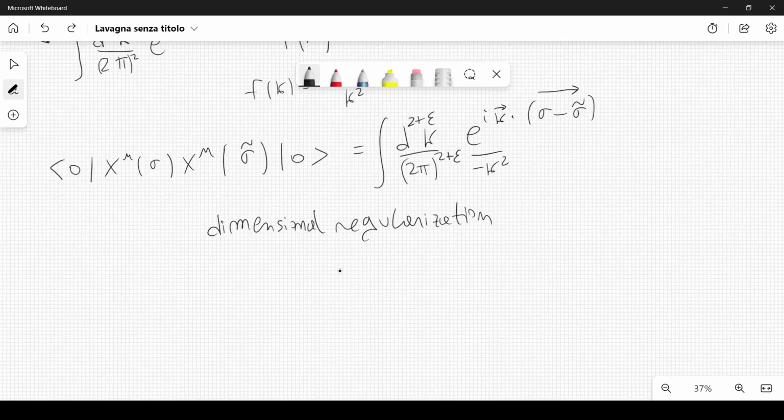So this is a mathematical trick because it doesn't really make sense, right? When you think of a dimension in general, it should be an integer. But this is what is done also in physics to understand something about these expectation values and how these integrals diverge, because we want to understand how the integrals diverge and if we can find a way to renormalize our theory.